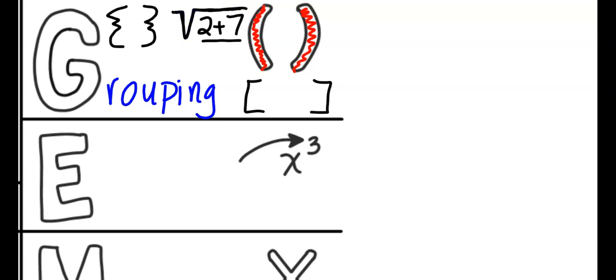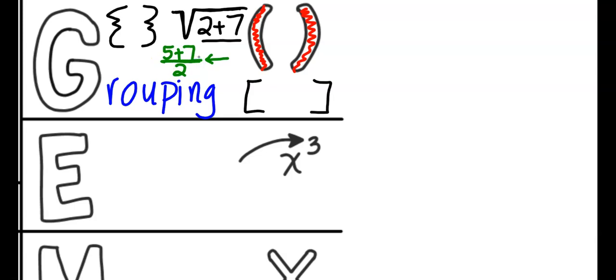Yet another grouping symbol would be your fraction bar. So if you had 5 plus 7 up here and a 2 on the bottom, order of operations says that this fraction bar actually groups those two numbers together. So the 5 plus 7 are kept together by this fraction bar.